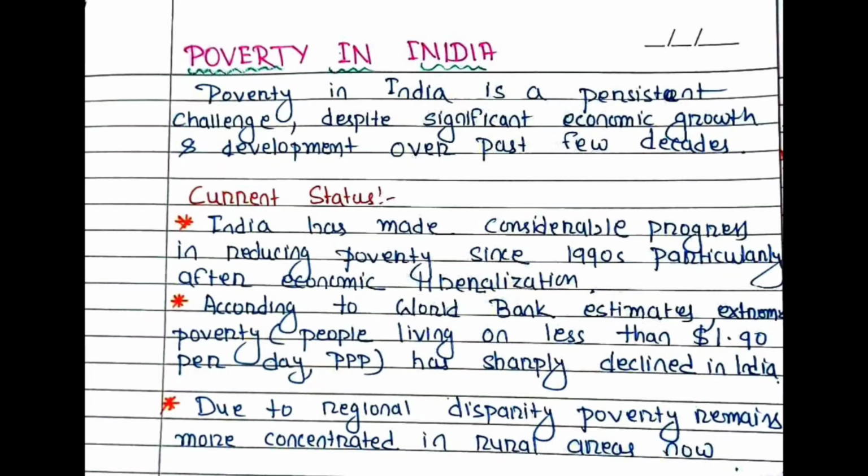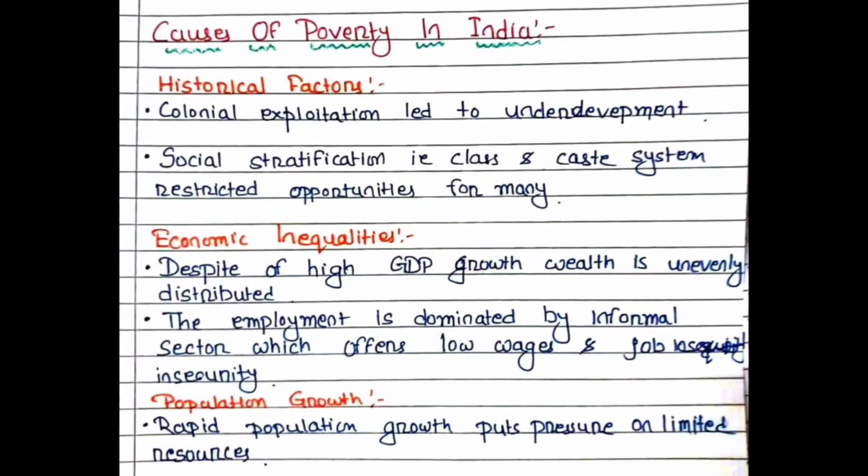According to World Bank estimates, extreme poverty, that is people living on less than $1.90 per day PPP, purchasing power parity, has sharply declined in India. But due to regional disparity, poverty remains more concentrated in rural areas now.